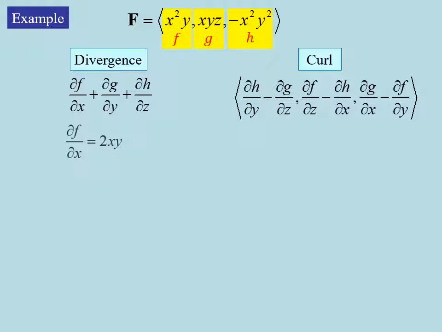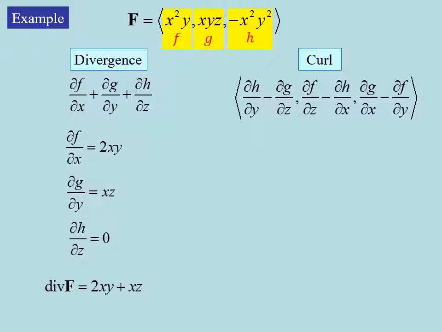We do, for divergence, the partial of the first component with respect to x, partial of the second with respect to y, partial of the third with respect to z, and then add all of those up. Notice that we come up with 2xy plus xz, which is not 0, meaning this is not source free.